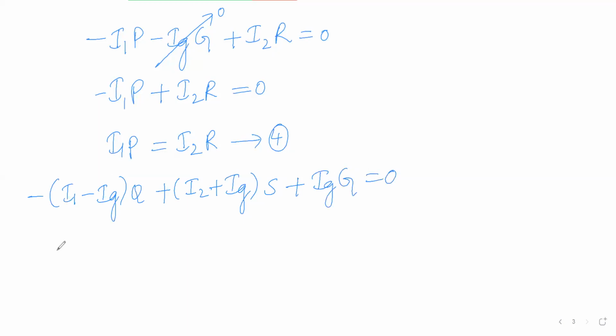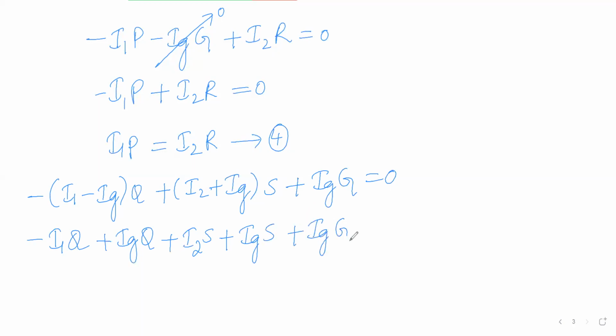We have to remove the bracket here. So minus I1 into Q, minus into minus plus Ig into Q, plus into plus I2 into S, plus into plus Ig into S, plus IgG equals 0.